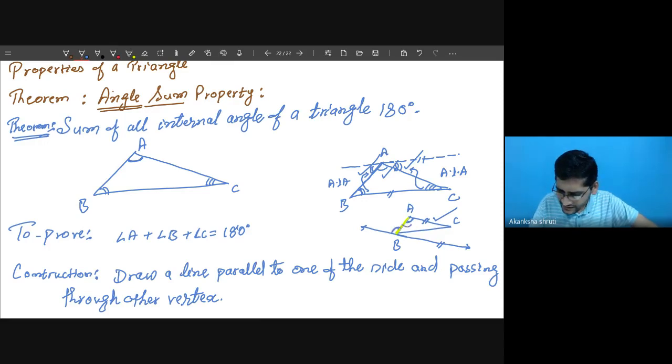Means this angle will be the same as this one. Again, alternate interior angle. And this is the angle B that you already know. And whatever this angle C is, it will be the same as this C. So again we are getting that this is a straight line, so the sum of this internal angle and these alternate interior angles that we have written is 180.